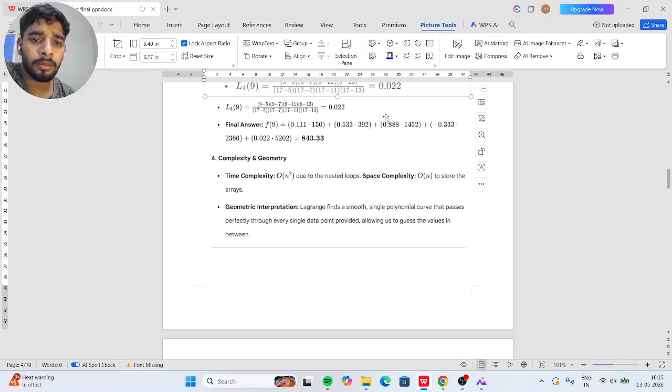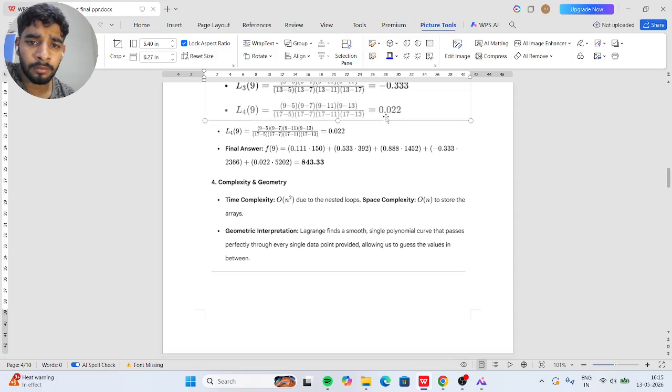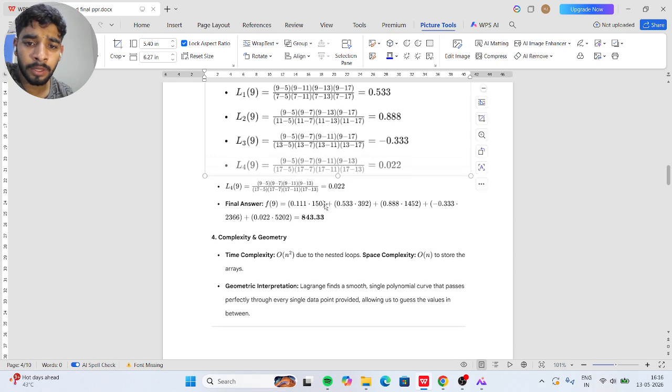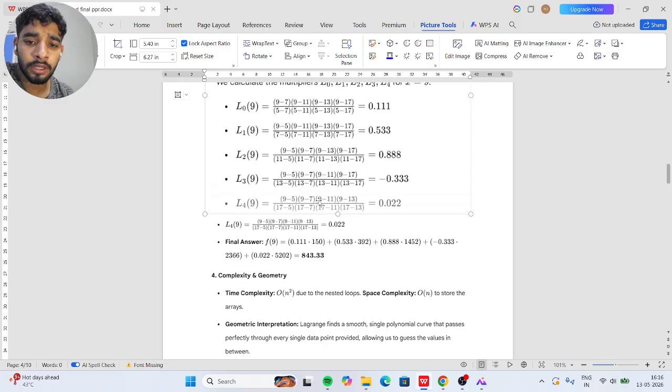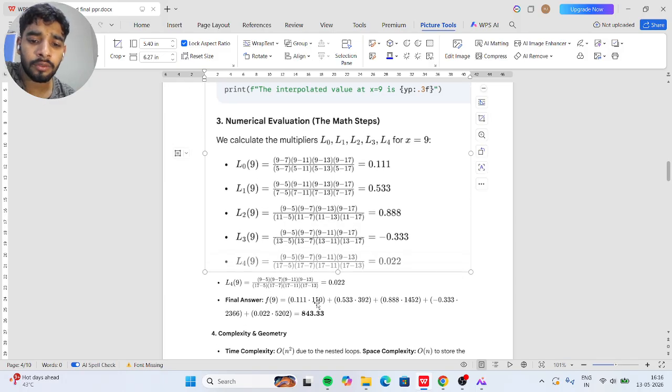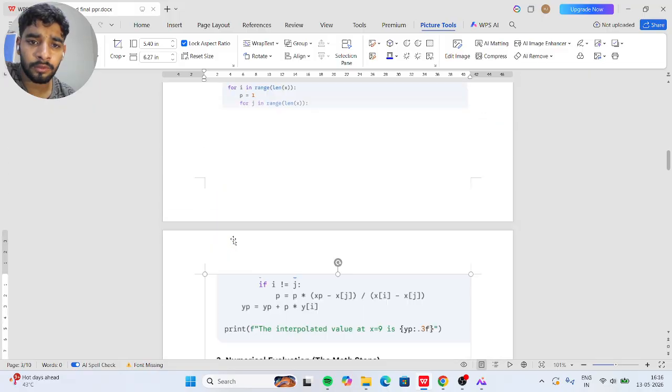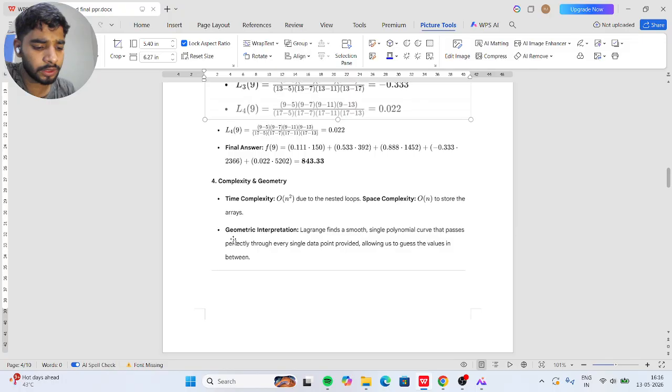Now L4(9) is calculated. For the final answer f(9), we will multiply them with their function values. For f(9), it is L0 times its function value. I will show you the question first.